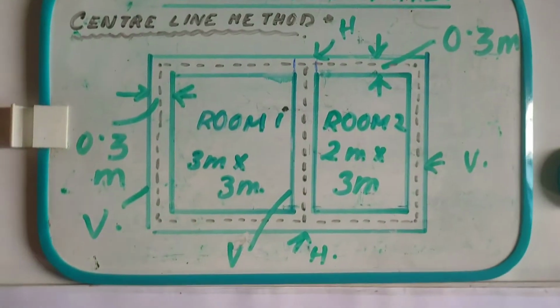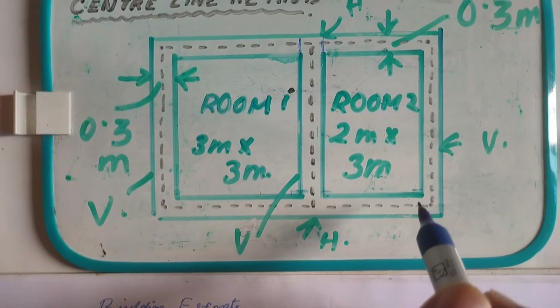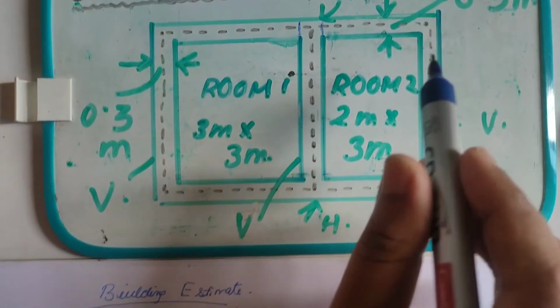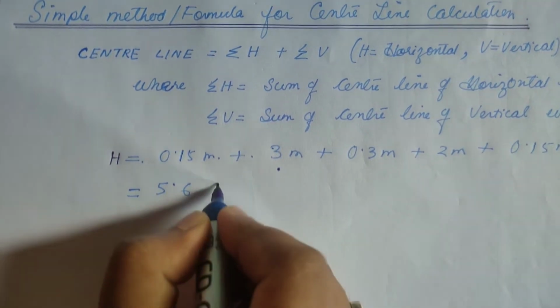We can see there are two horizontal walls, 1 and 2. That will give us 5.6 into 2.